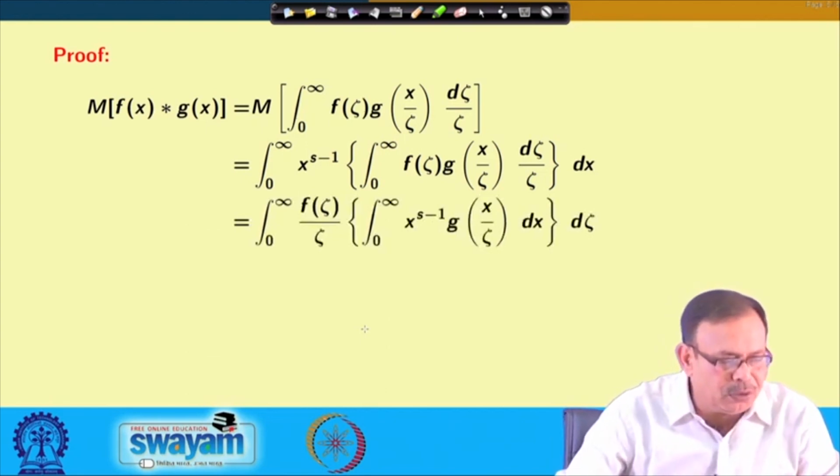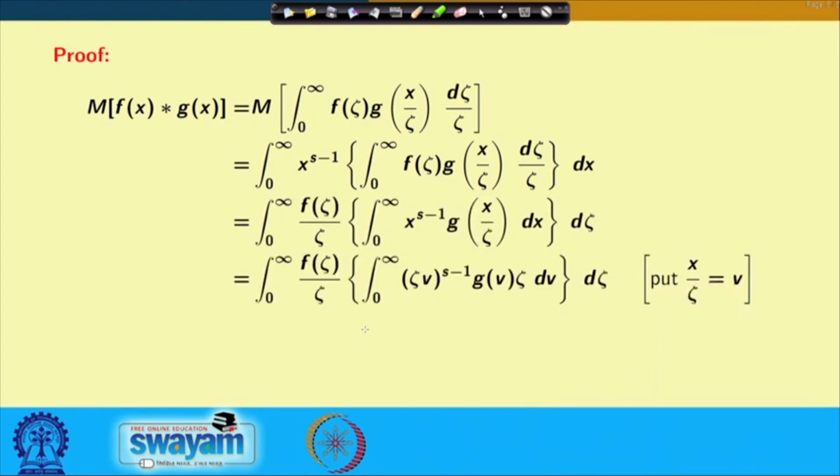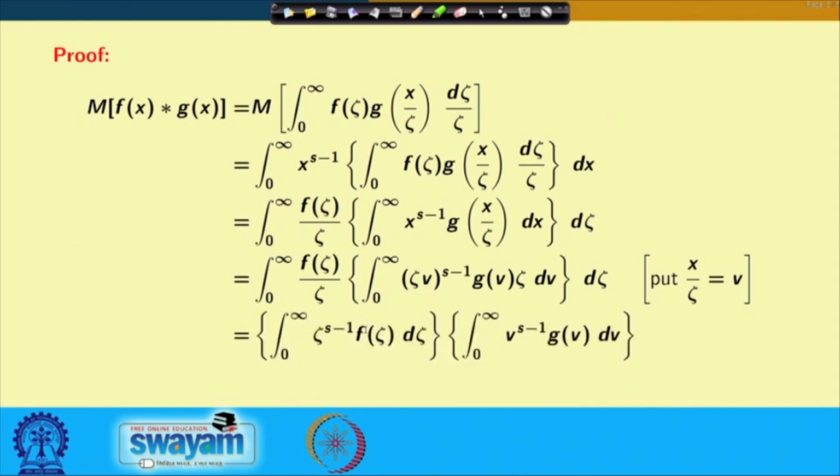Now, first I change the order of integration, that is dη and dx, and get the third line. From the third line, if I substitute x/η equals v, I will obtain the integral from 0 to infinity of f(η)/η times the integral from 0 to infinity of (ηv) to the power s minus 1 g(v) η dv into dη. So now the two variables v and η I can write independently.